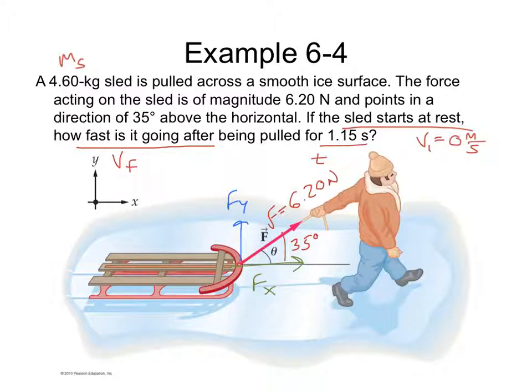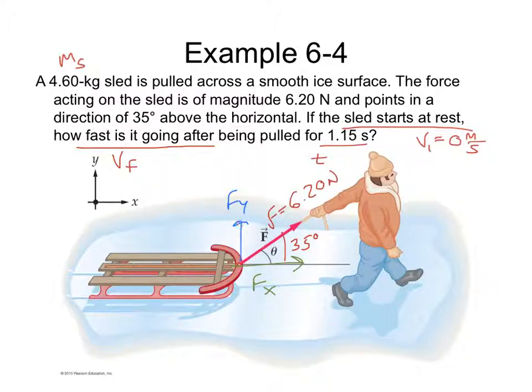Now, before we do, one thing that should be pointed out is the direction of motion. Even though the sled is being pulled in the x direction and up by the man pulling it with a rope, it's really only moving in the x direction. So the only component of this force that we really care about is the force in the x direction.